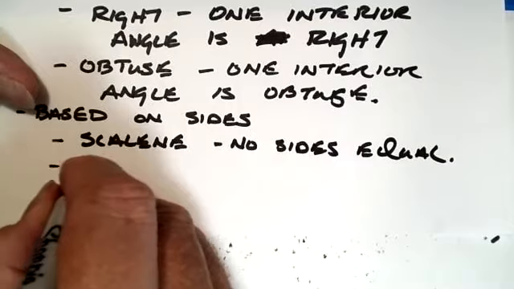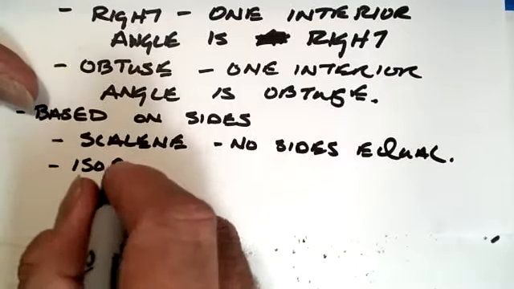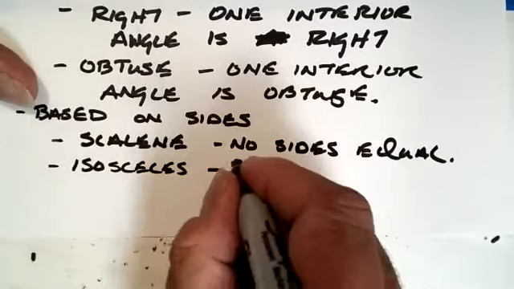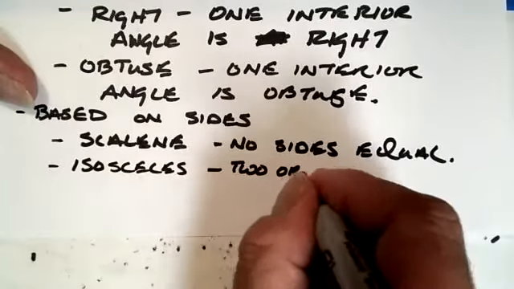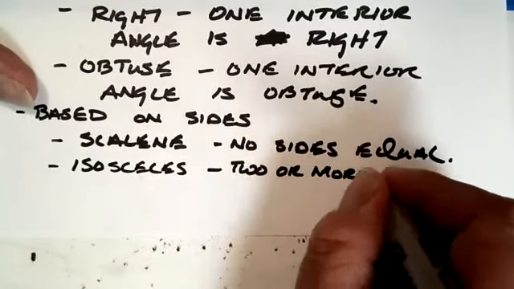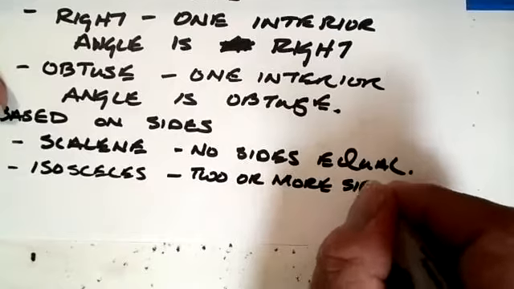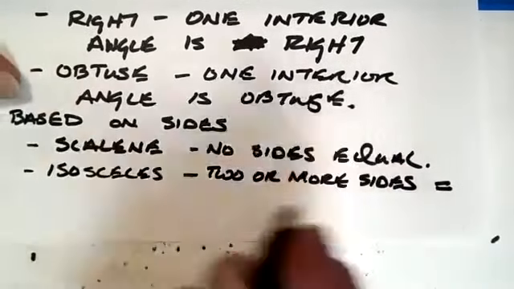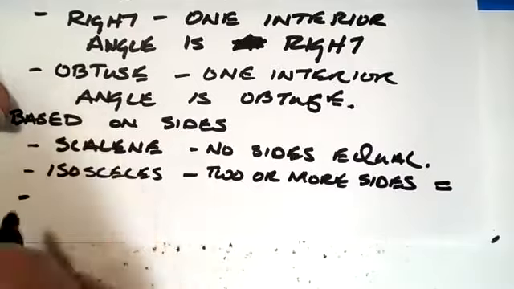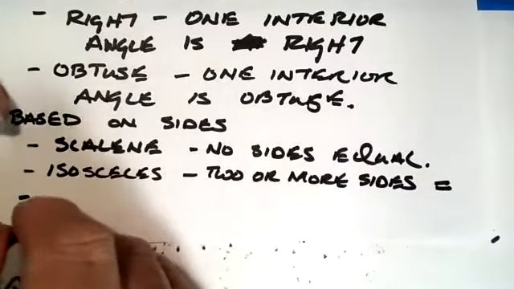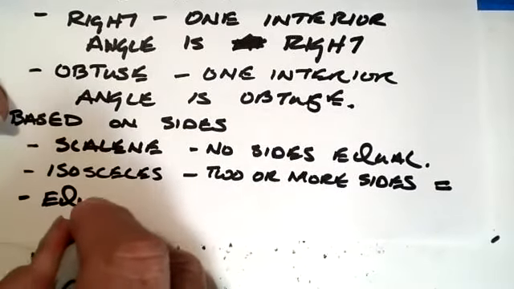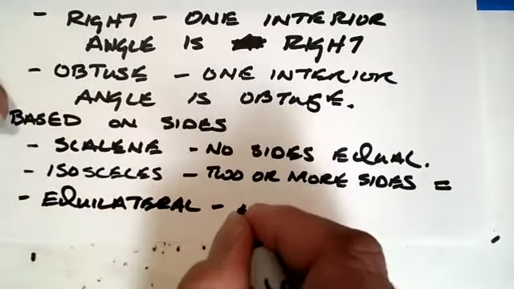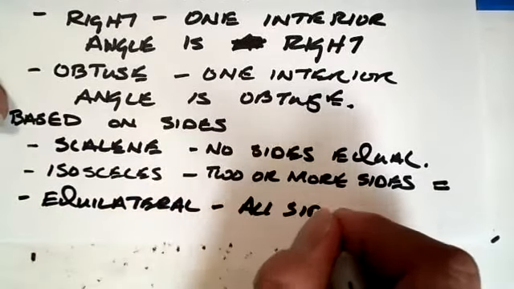We have isosceles, which is two or more sides equal. I'm running out of space, so I'm just going to use an equal sign. And then finally, now notice two or more, we have equilateral: all sides equal.